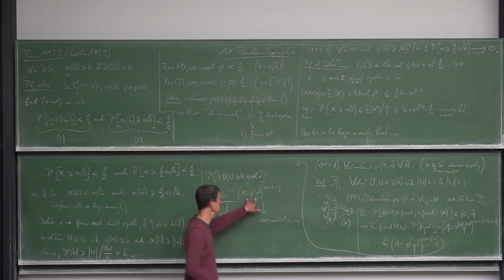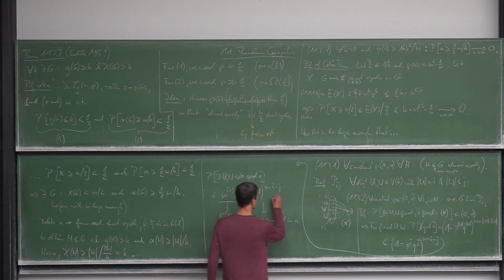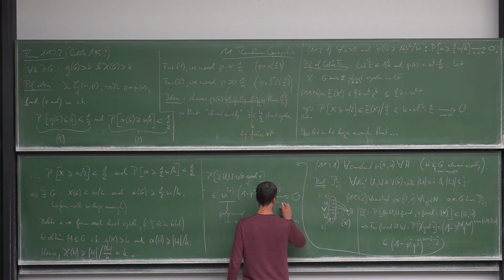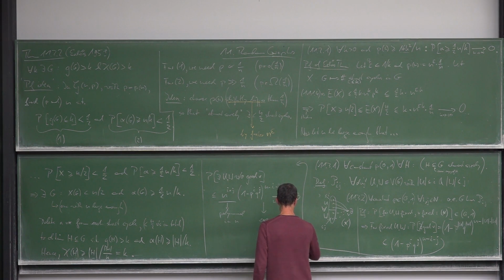Right, that's a number less than 1. And these are constants, they don't matter. So this is exponential in this number that is strictly less than 1, so that beats this factor here. So the whole thing goes to 0 as n goes to infinity. And that's it.